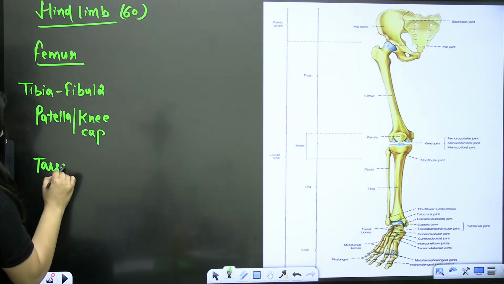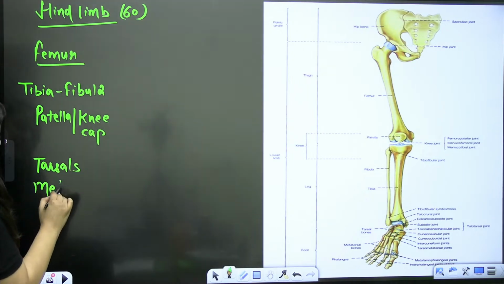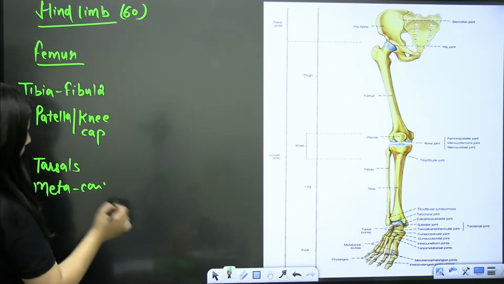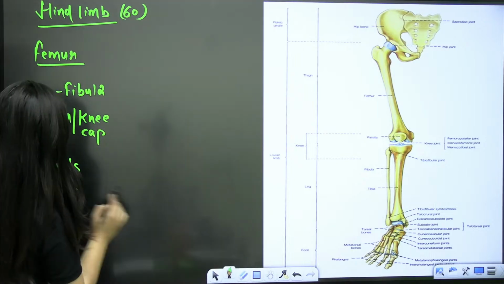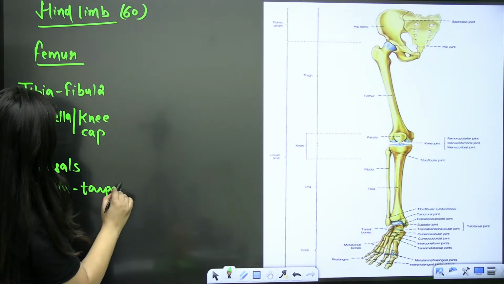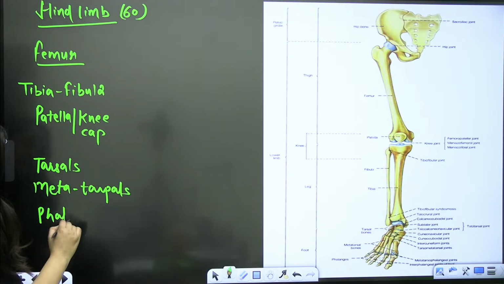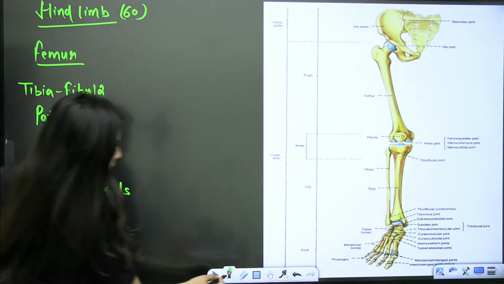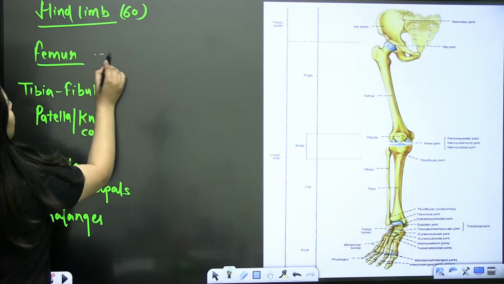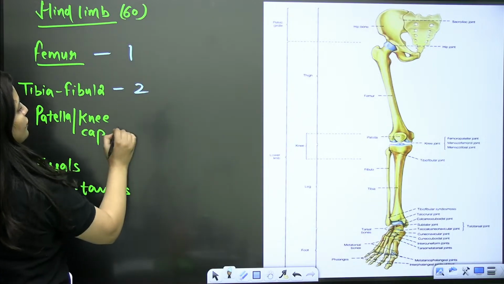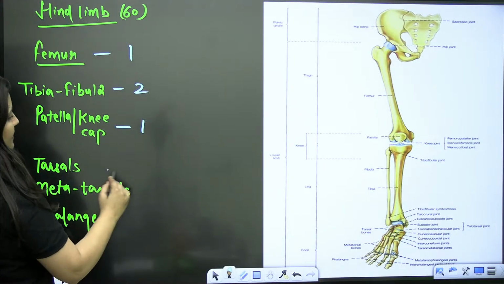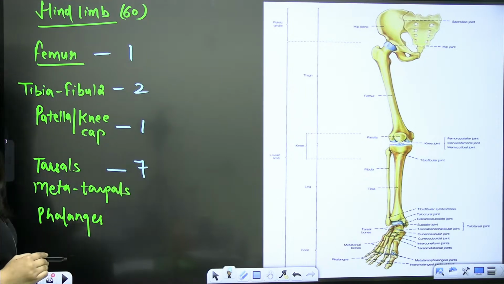Here you will see tarsals, metatarsals and the phalanges. Again here also the phalanges. So femur 1, tibia fibula 2, kneecap or patella 1, but here tarsals are going to be 7.